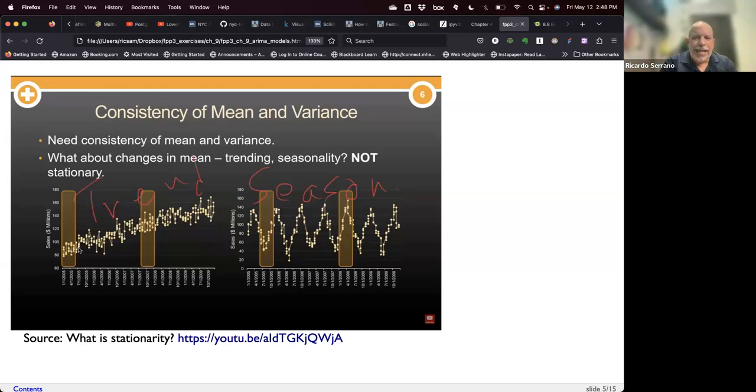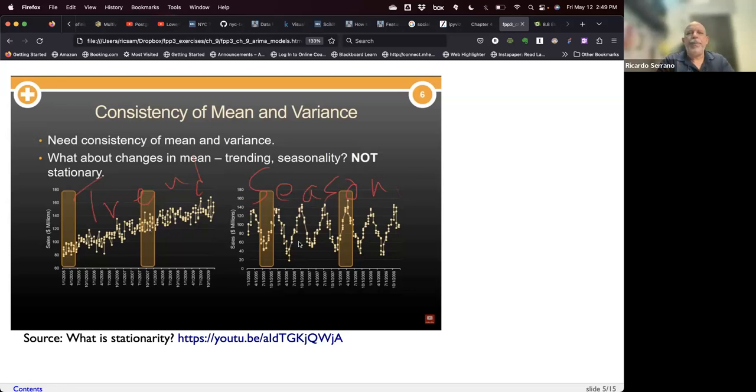The only thing that changes here is the trend, the increasing. So when you get a period, what we call a window, in the time series, same window within different periods, you'll see that some values are down and some values are up. So this time series, because of the trend, is not stationary.